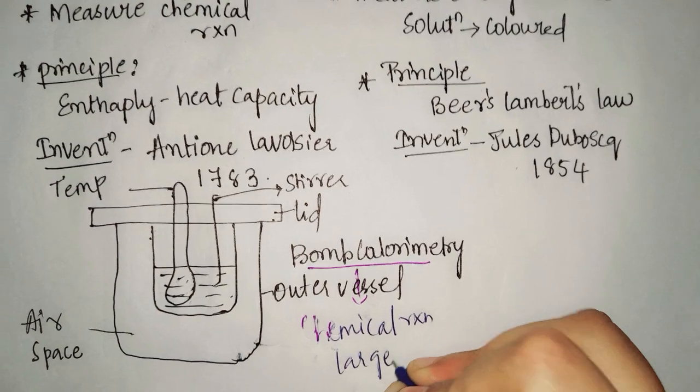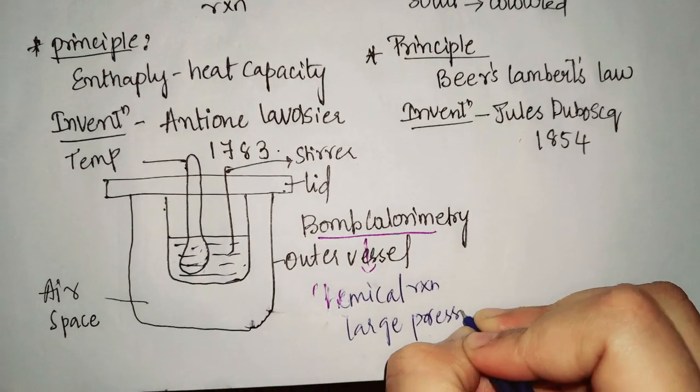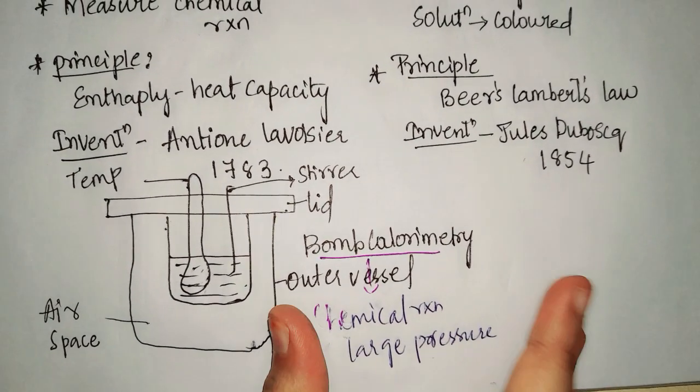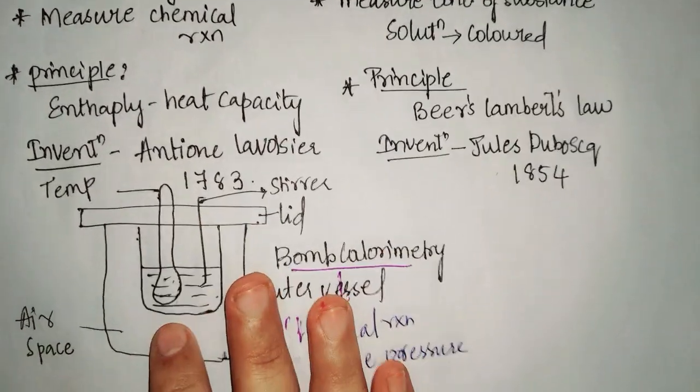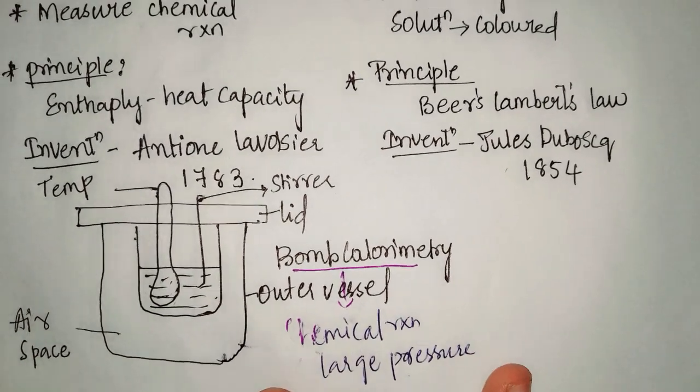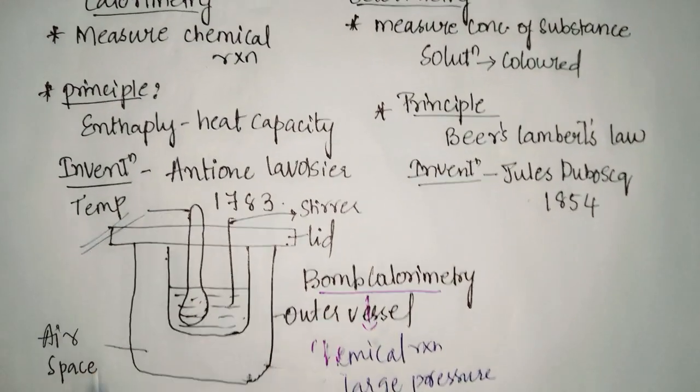They have to withstand the large pressure because they need to measure what chemical reaction is going on. So this is how the calorimeter looks.